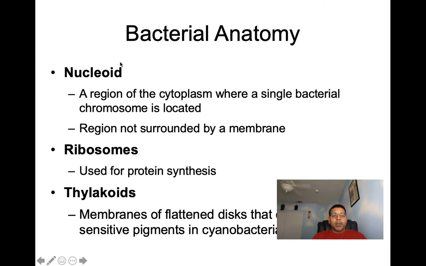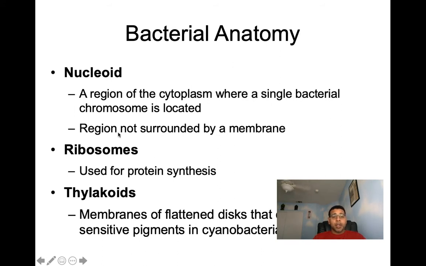We'll see they also have a nucleoid, a single chromosome inside the cytoplasm. It's a region of the cytoplasm where a single bacterial chromosome is located. This region is not itself surrounded by a membrane.